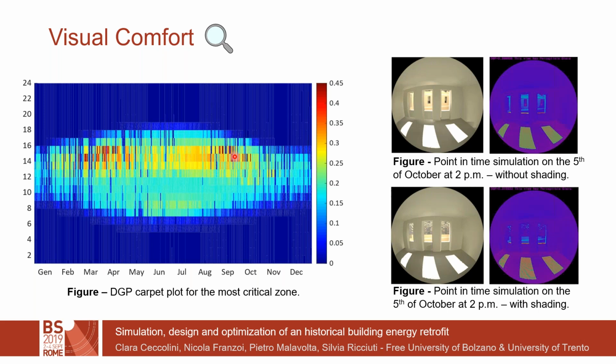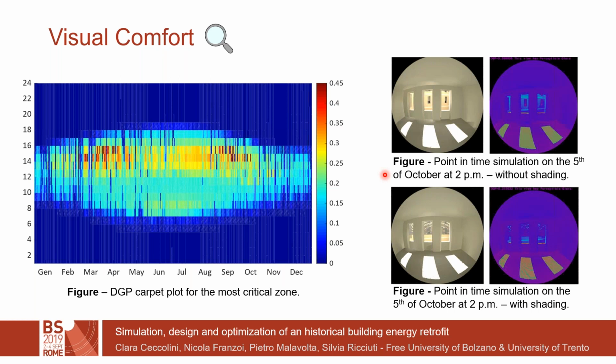Nevertheless, by going into detail, we selected from the carpet plot the days with higher DGP value. And for those critical periods, we ran a point-in-time simulation. In this figure, at the right, we can see one of the considered viewpoints.